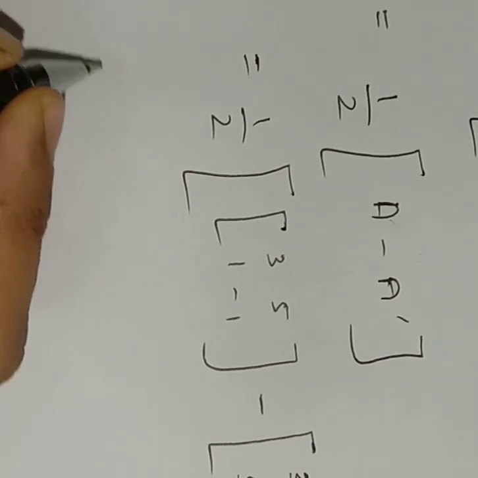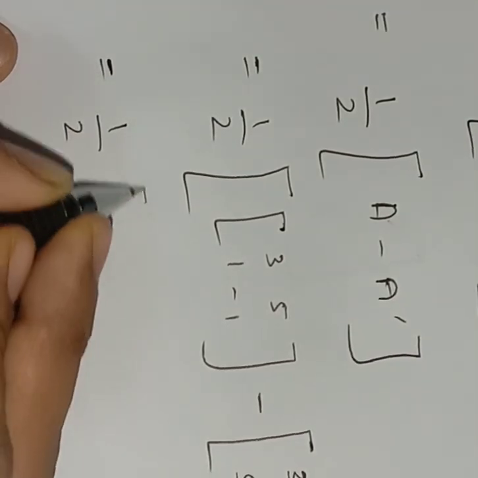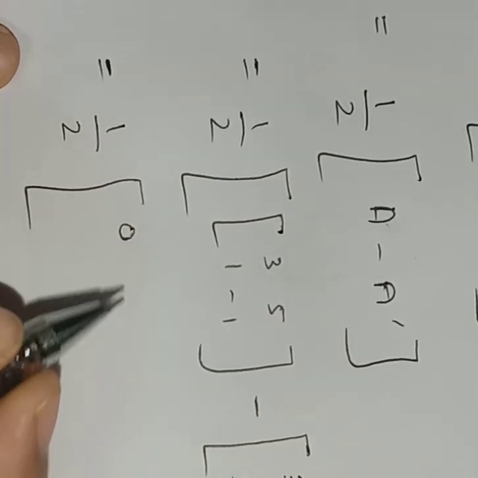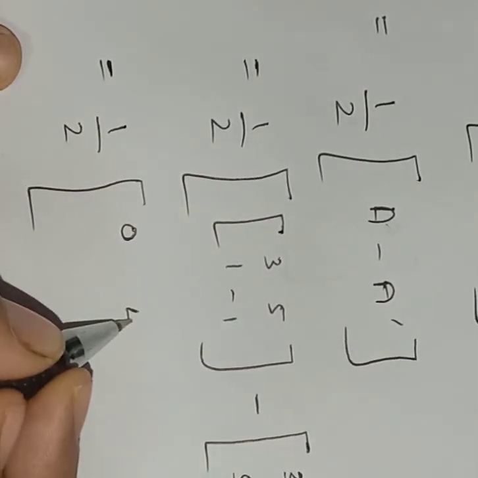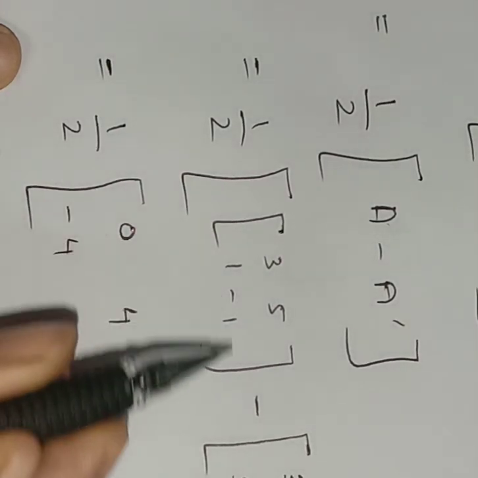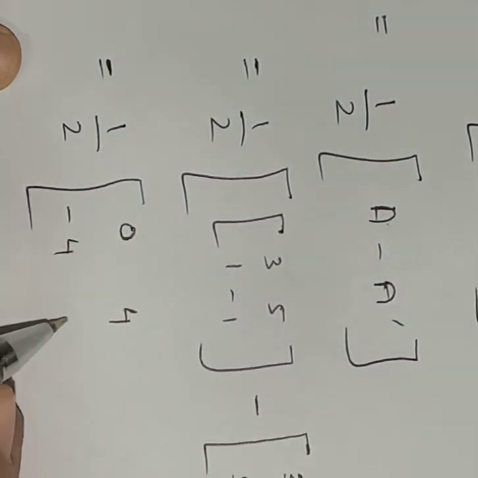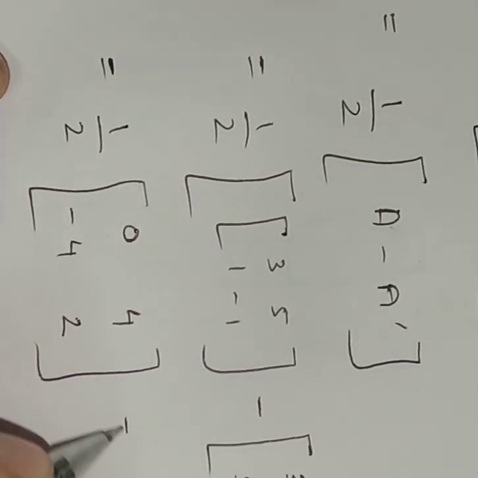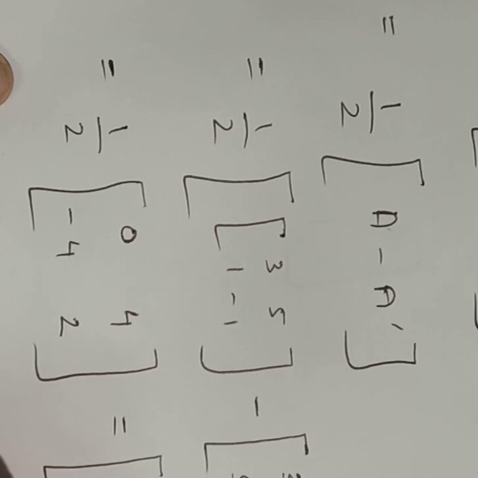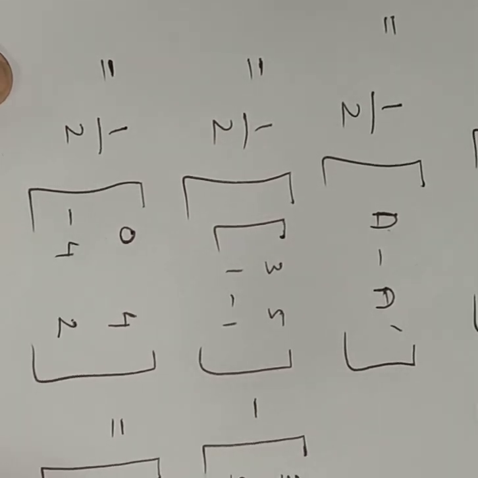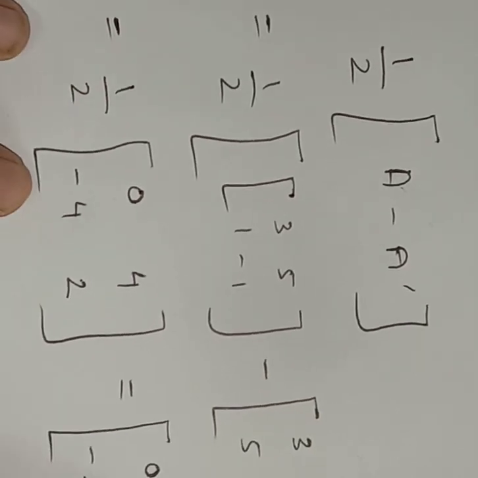So half, 3 minus 3 is 0, 5 minus 1 is 4, 1 minus 5 is minus 4, minus 1 minus of minus 1 is 0. Again if I divide this by 2, I will get 0, 2, minus 2, 0. So this is your Q.